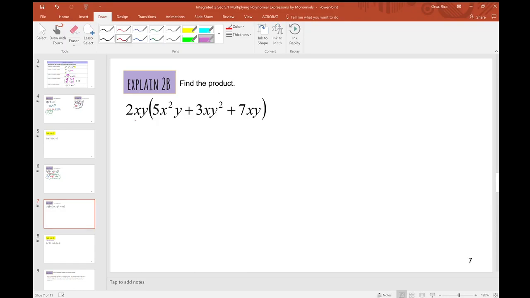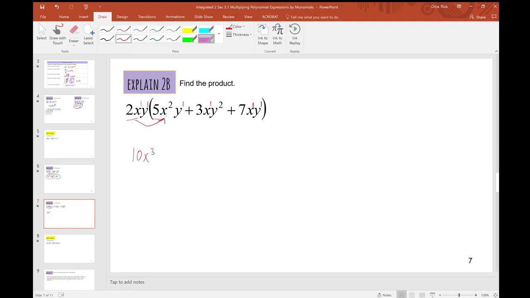So 2xy times 5x squared y. 2 times 5 is 10. X times x squared is x to the third. Now go ahead and just write in your exponents. If you don't see an exponent, remember to put an exponent of 1. And we're going to do that for each one, just so that we remember what the actual exponents are.